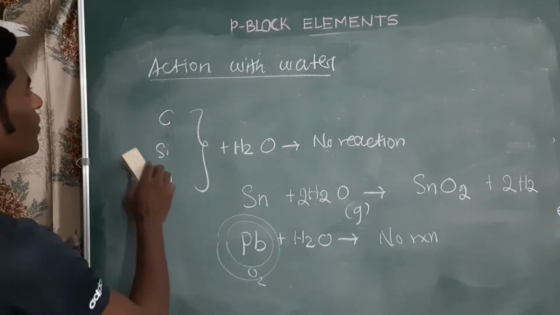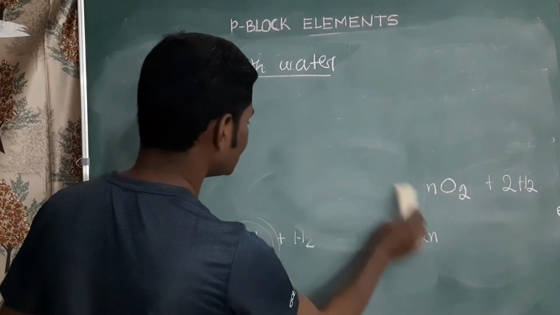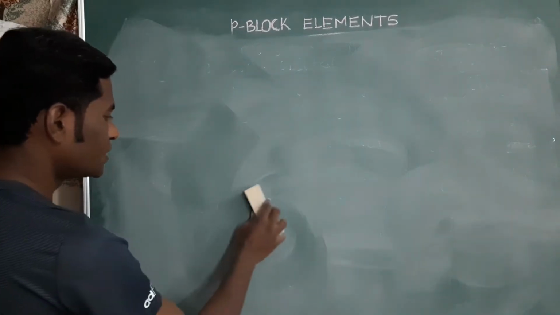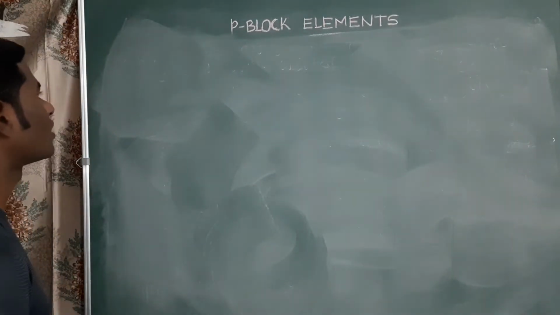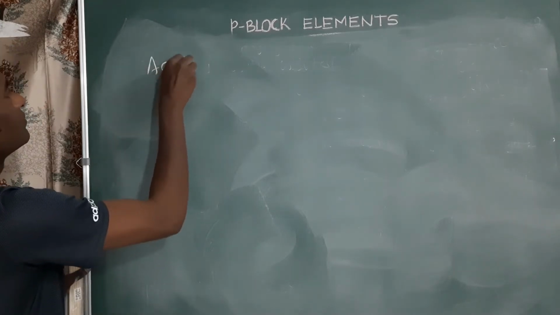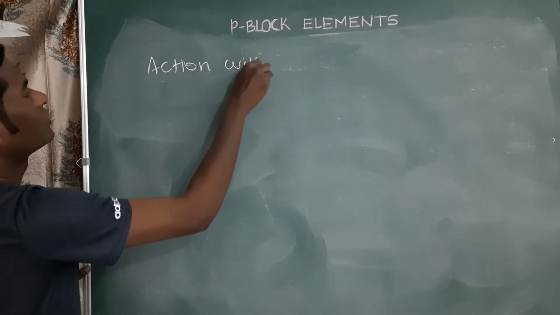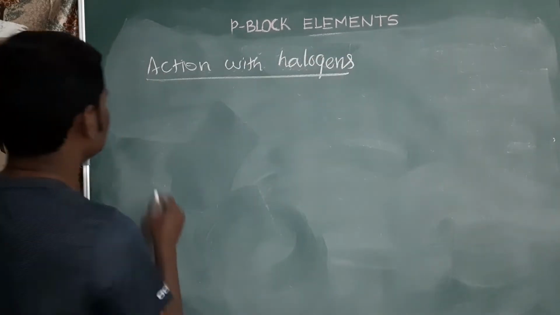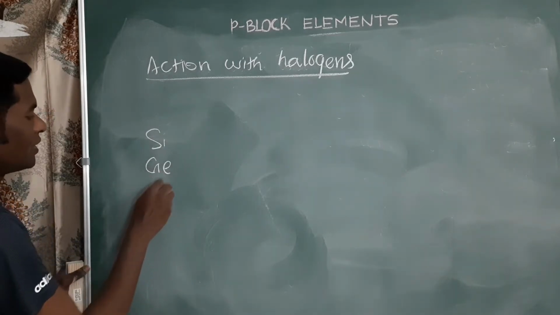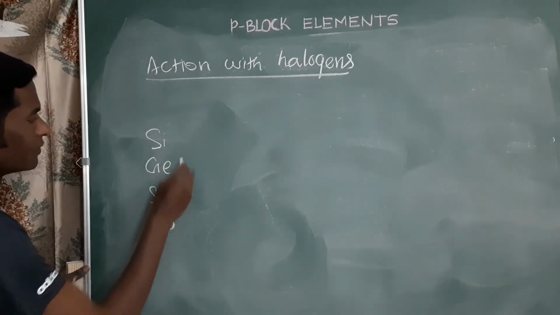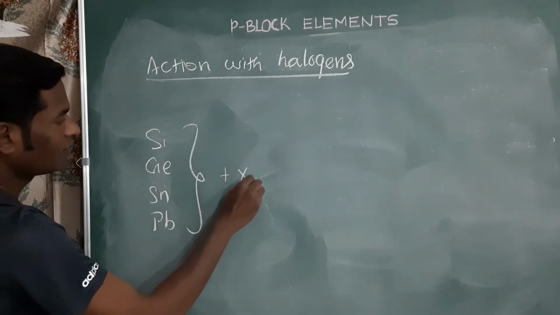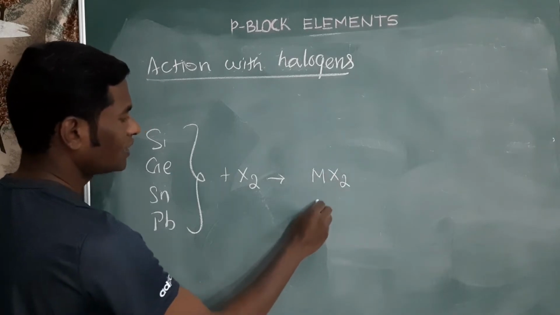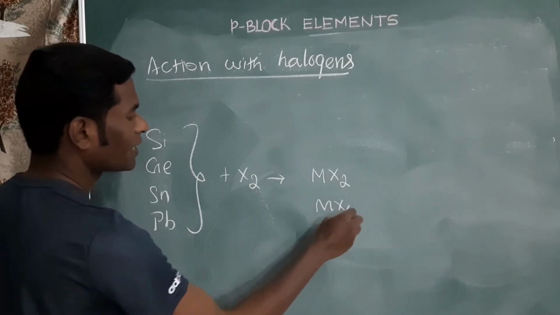Next is group 14 elements with halogens. Group 14 elements readily combine with halogens to produce compounds, except carbon. Silicon, germanium, tin and lead directly react with halogens to give two different types of compounds, dihalide and tetrahalide.